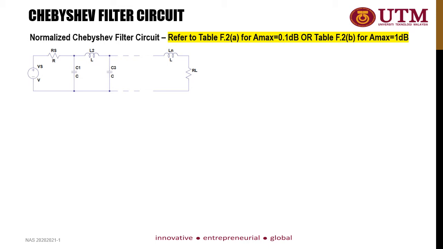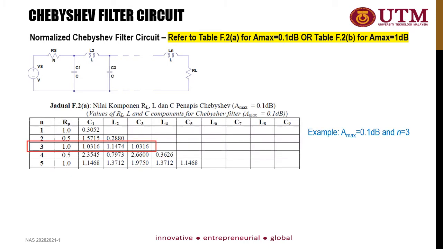For example, you have Mx equal to 0.1 dB and N equal to 3. So please look at the table properly. For Mx equal to 0.1 dB and N equal to 3, you'll see that you have C1, L2 and C3. So you need to draw the circuit.